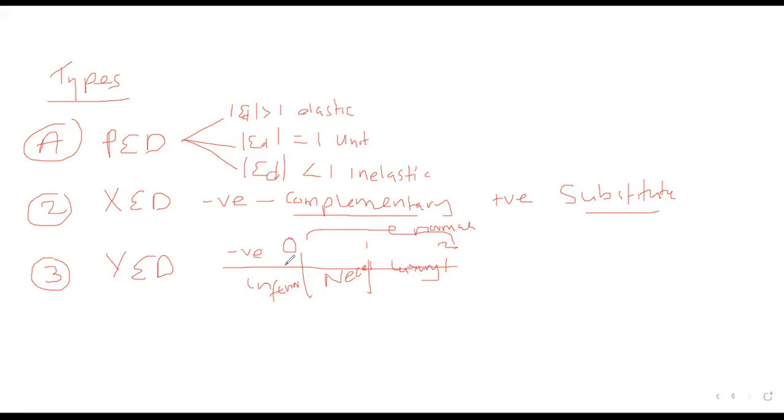So, what is an inferior good? An inferior good is a good whose what? Demand will usually go down as your income goes up. If income goes up, you buy less of that particular good because it becomes inferior.